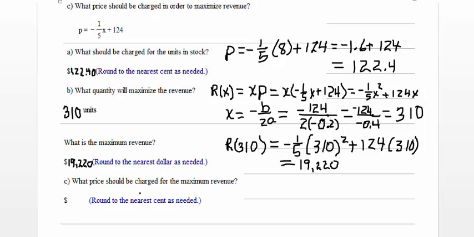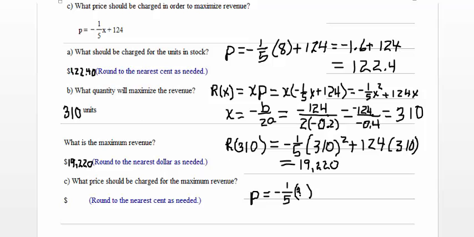And we want to know what price should be charged for the maximum revenue. So we go back to the demand function, which tells us the price, and in place of x, we put that x value that maximized revenue. And remember that the quantity that maximized revenue was 310 units.